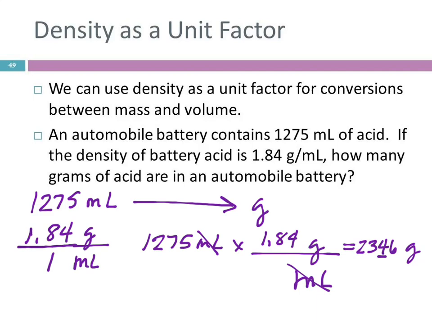So a safe way around that is to first put it into scientific notation. So 2.346 times 10 to the third, because the decimal point was here, and I'll move it 3 places. Now if I round off, I don't have to worry about putting in placeholder zeros. And so I'm going to give my answer as 2.35 times 10 to the third grams.